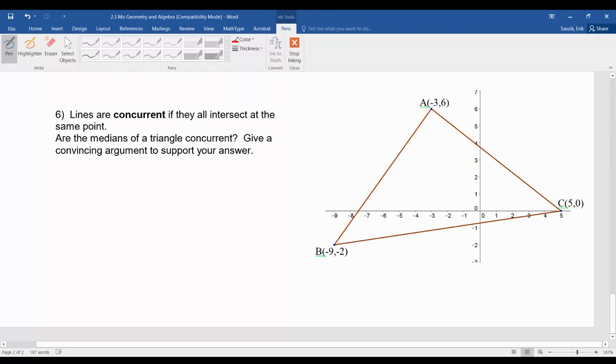Now the point's messy. You do end up getting fractional x and y values for that point of concurrency. But if you feel like messing with this and giving yourself some systems practice, please feel free. The solutions will be posted on Canvas on the current unit. Okay, so you can check that out yourself.